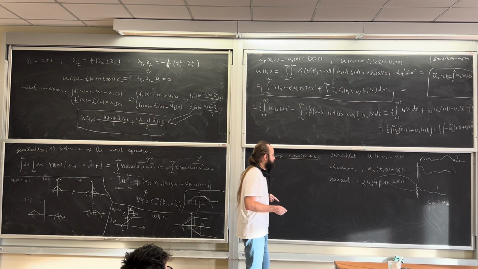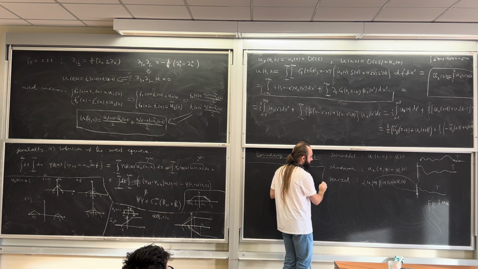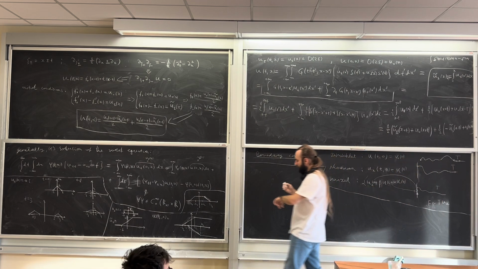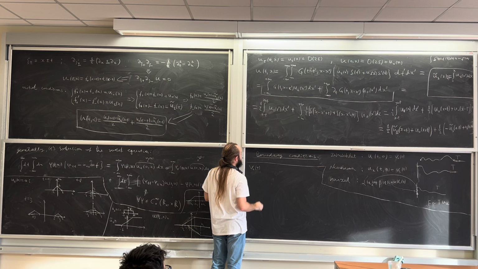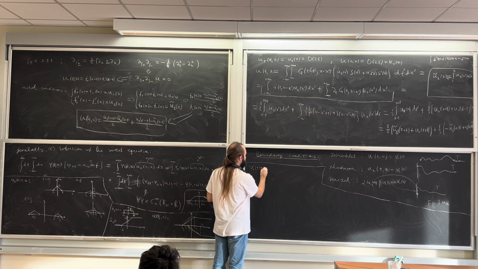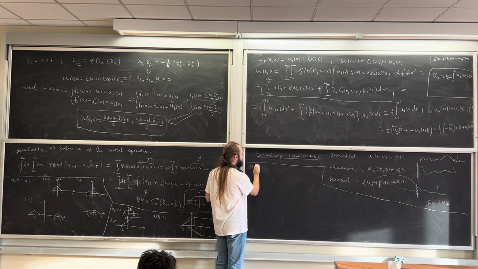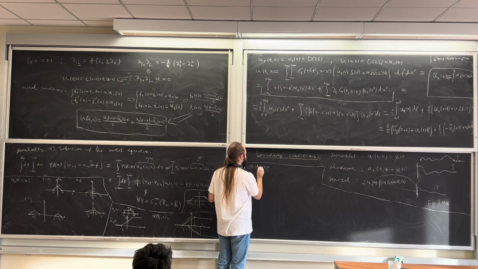So we can start from solving this problem for V0 of t equals 0, so u of (t, 0) equals 0.